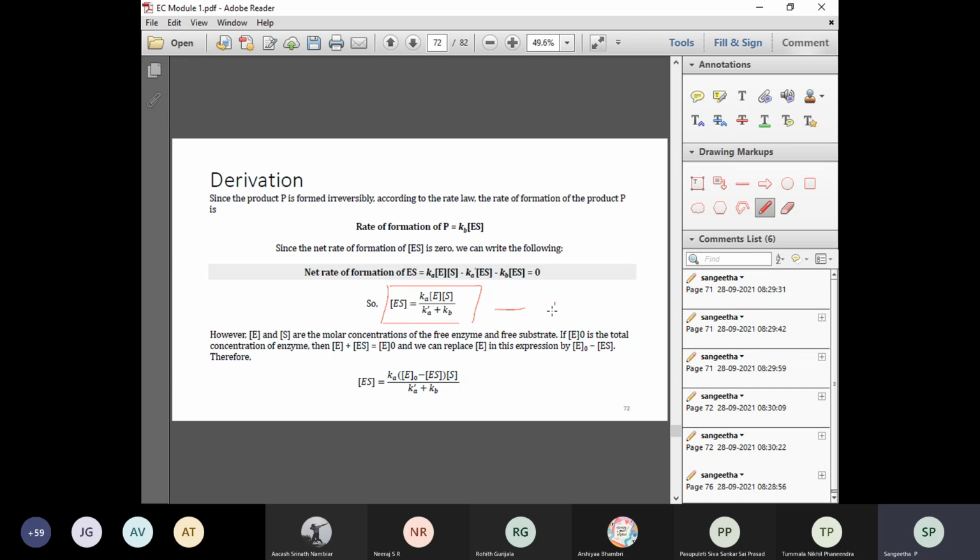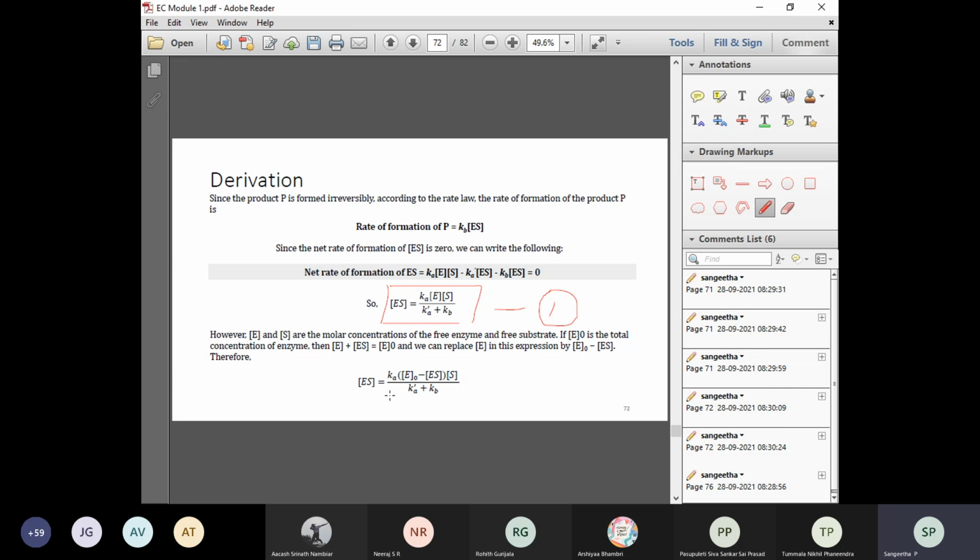So this forms equation 1, and again rearranging all these things, how we are going to replace the equations finally with respect to the concentration. If E naught is the total concentration of the enzyme, then E plus ES is going to be E naught, and we can replace E in this expression this way.